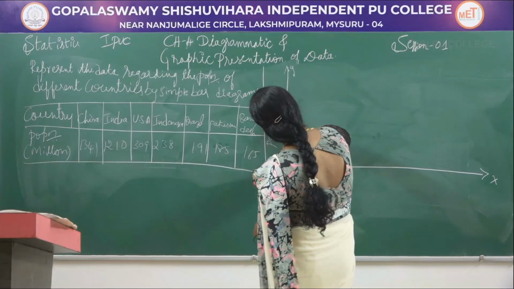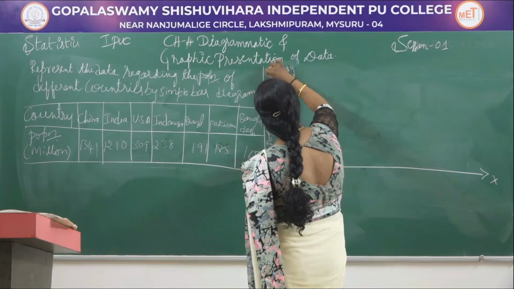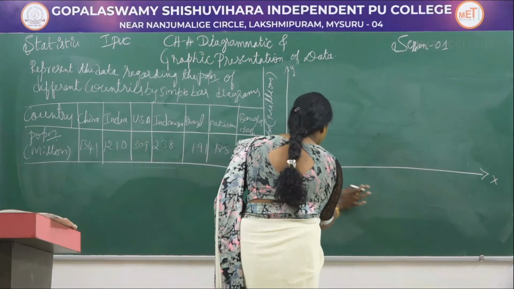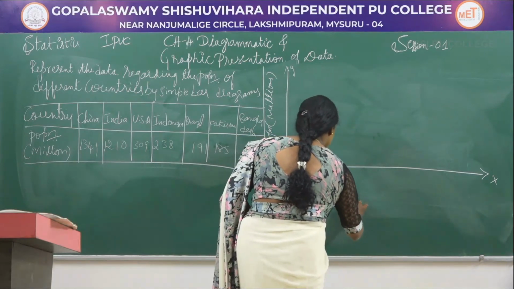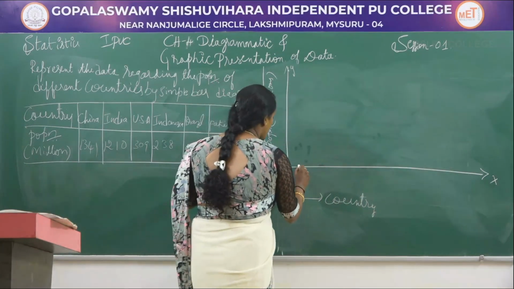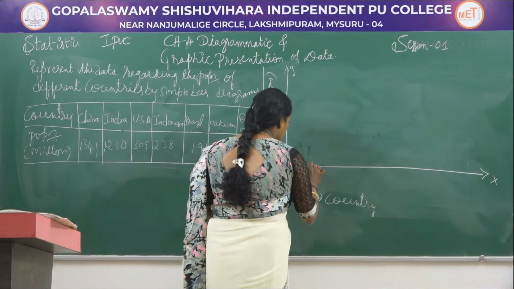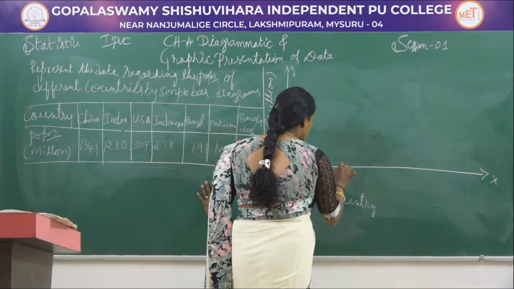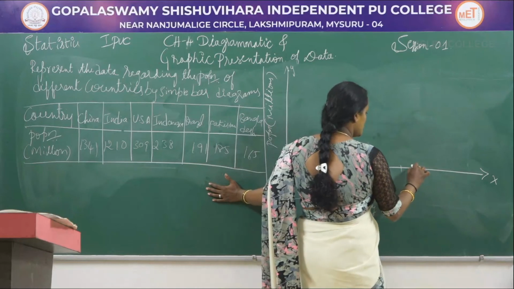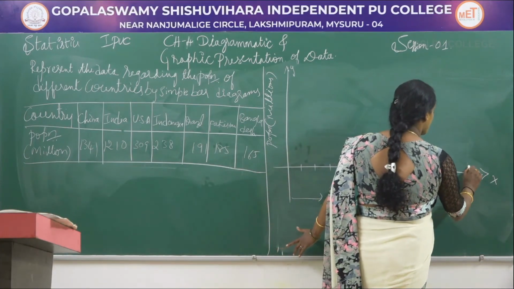Sorry, on this axis it is countries, and the population is in millions. 1, 2, 3, 4, 5, 6, 7 countries are there.